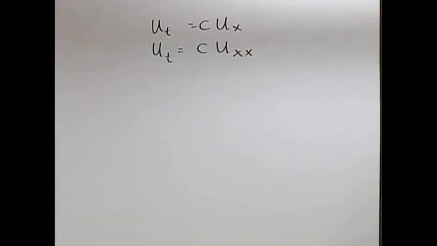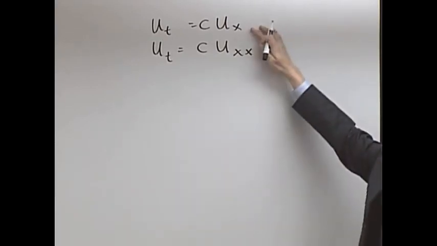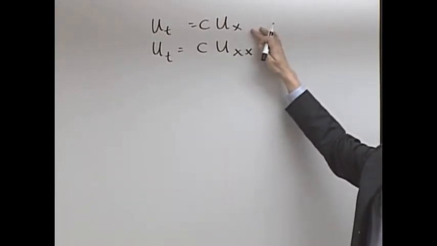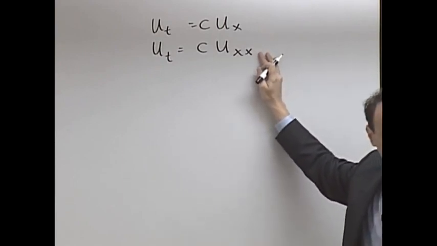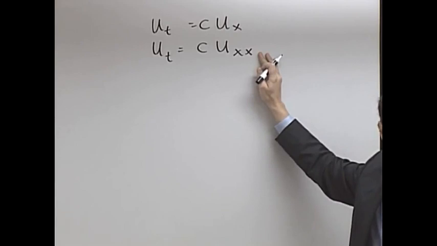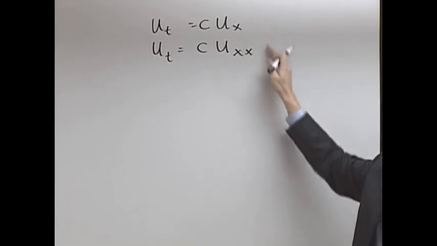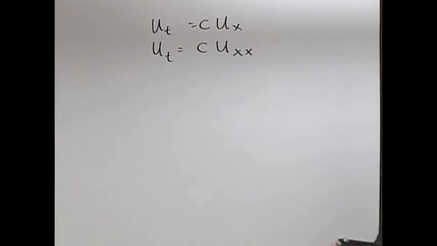A pretty simple change, but totally different behavior between these two equations. This equation models wave phenomena, waves propagating around. This here models diffusive behavior. Solutions eventually go to 0. So this is a dissipation process, whereas that's waves, and there's no dissipation in this. It makes a big difference, that one derivative. And it's also going to make a big difference for us here today as well.